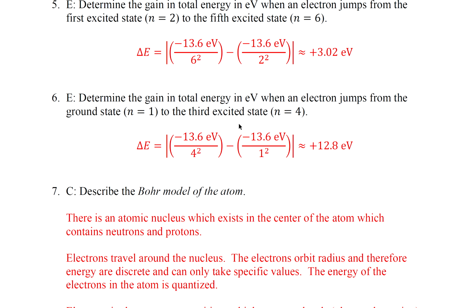Question 6. Determine the gain in total energy in electron volts when an electron jumps from the ground state to the 3rd excited state. Once again, this is minus 13.6 eV divided by n squared minus minus 13.6 eV divided by n squared.